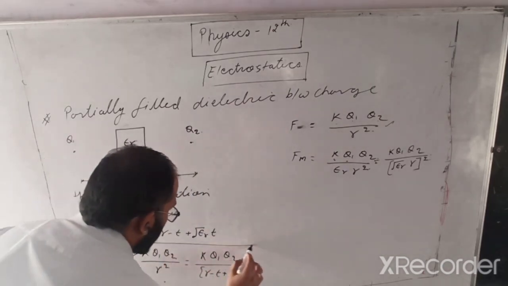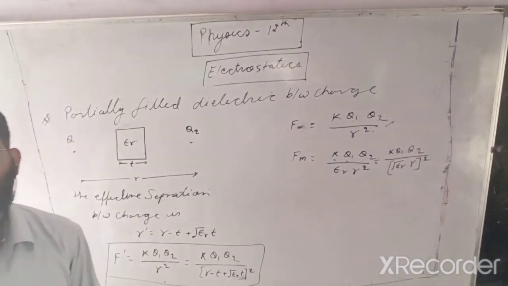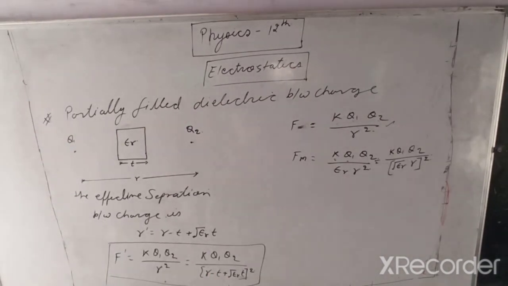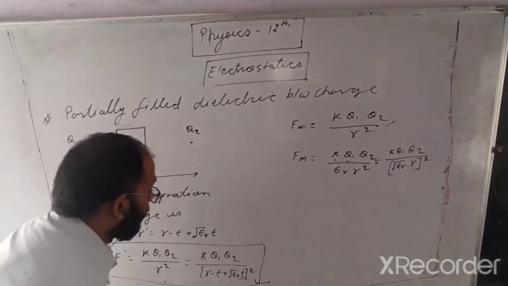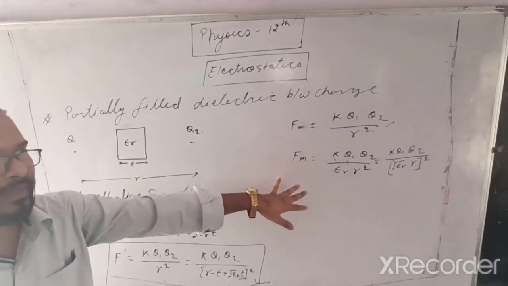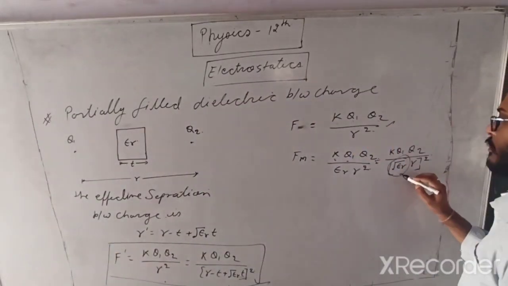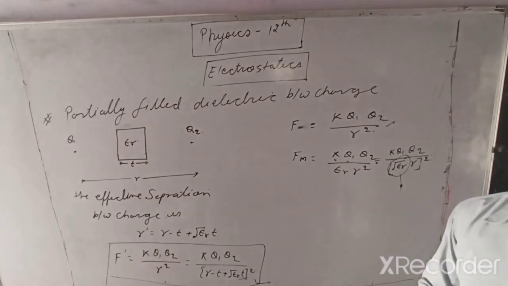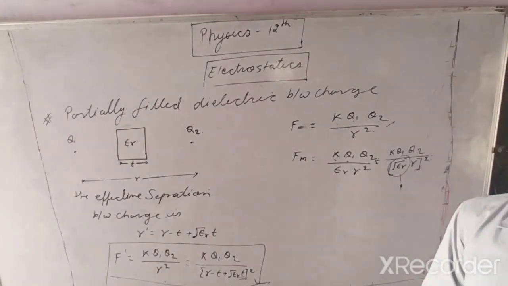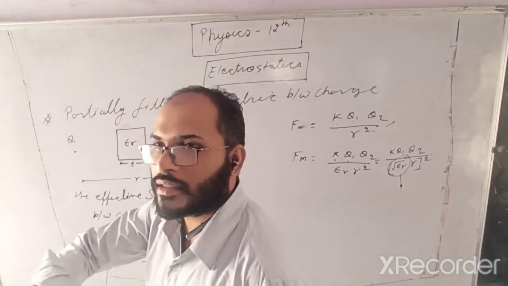This is the force between the charges with the medium. तो ये होता है partially filled; यदि completely filled है तो डायरेक्टली ये हो जाएगा. अब हमें पता है कि जैसे डाइलेक्ट्रिक फील्ड करोगे, the effective separation between the charges will increase by root of epsilon r times, and the force between the charges decreases.